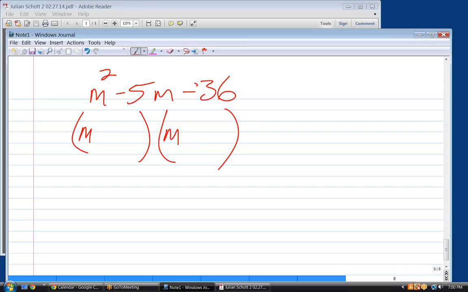The fact that it is a negative means what with regards to my signs down here? One of them's going to be negative and one's positive. Yeah. In other words, they have to be different, because you can't produce a negative 36 with the same signs. If I had a minus minus, then this is going to be a positive number. If I had a plus plus, that's going to be a positive number. So the fact that this is a minus tells me that I got plus minus.